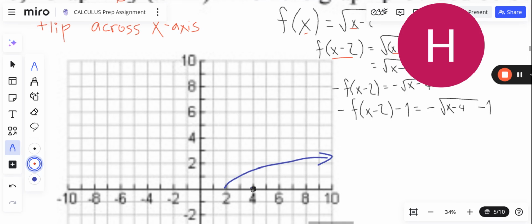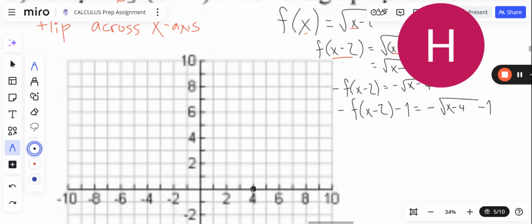The original parent function would look something like that. So from the parent function, this would be a shift of 4. That's why we have x minus 4. But from the function we started with, which was x minus 2, to x minus 4, we've only shifted by 2. I hope that makes sense. If not, just keep thinking about it a little harder.